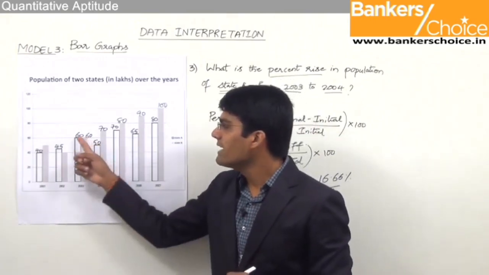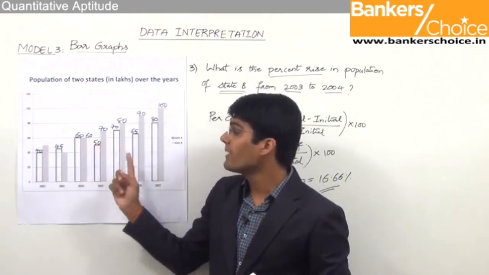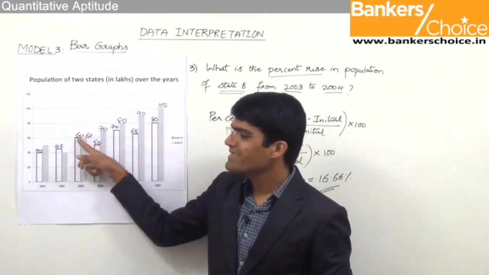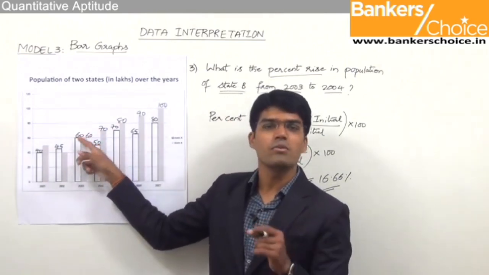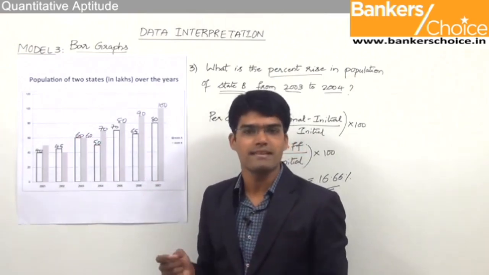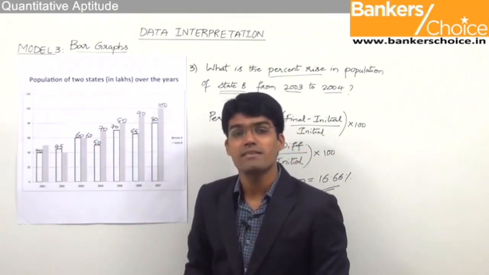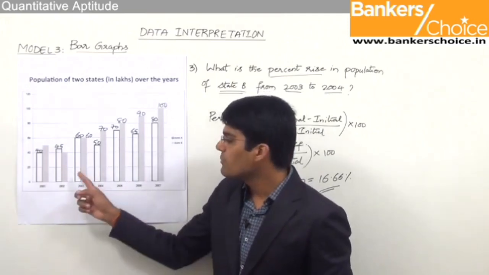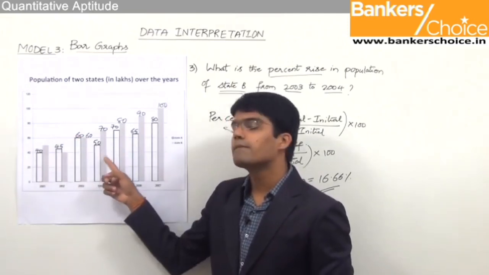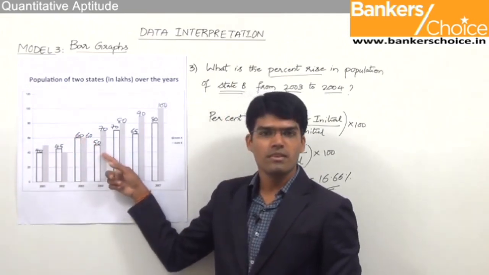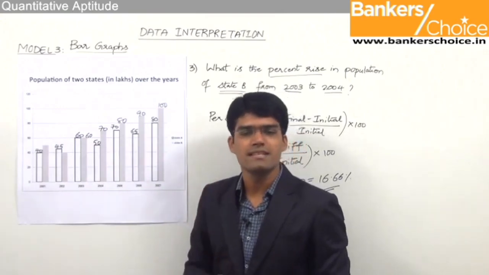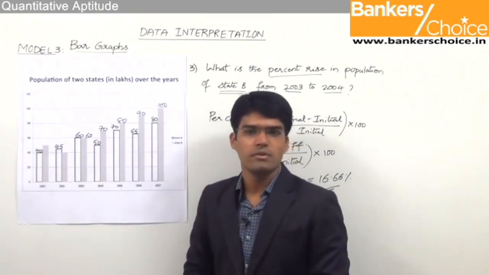That can be taken as 10 lakhs, that is the difference, divided by initial value again. Initial value is 60 lakhs. So 10 by 60 into 100. 10 by 60 here is again 1 by 6. 1 by 6 is 16.66%. But this time it is 16.66% decrease. Why? Because population of state A is decreasing from 2003 to 2004. So simply always take percentage change as difference by initial value into 100.